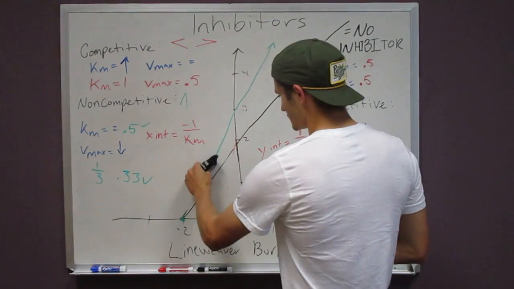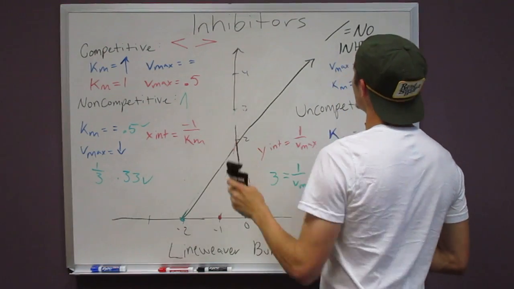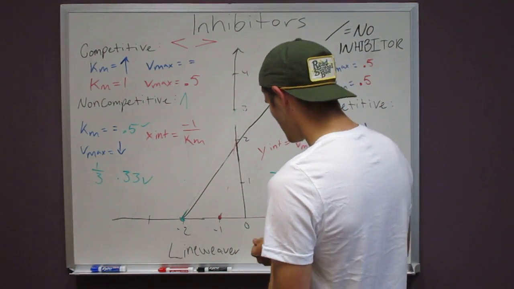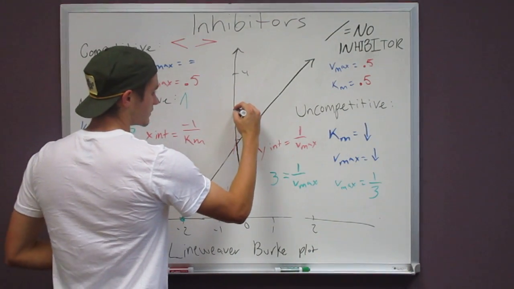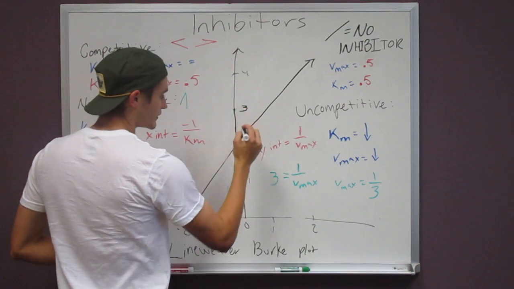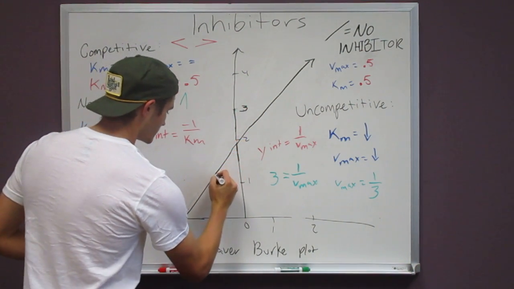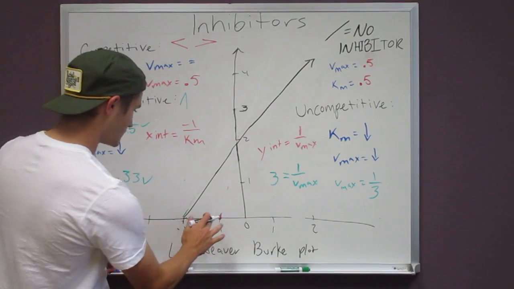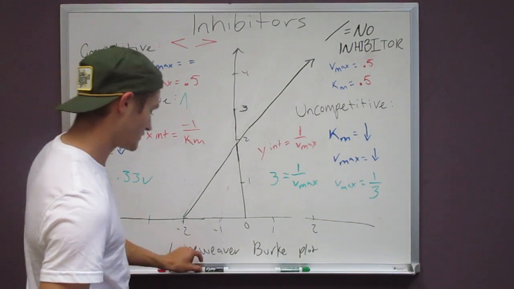So that's that one. Now we're going to check out the uncompetitive inhibitor. Let me draw my graph again a little bit, this thing's getting messy. So 3, 2 there. Alright. I'll probably erase some of this.